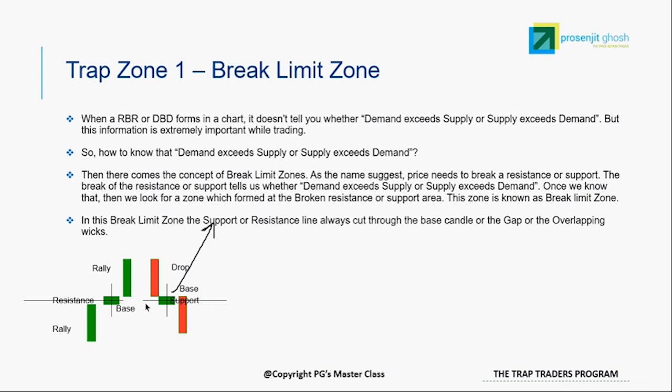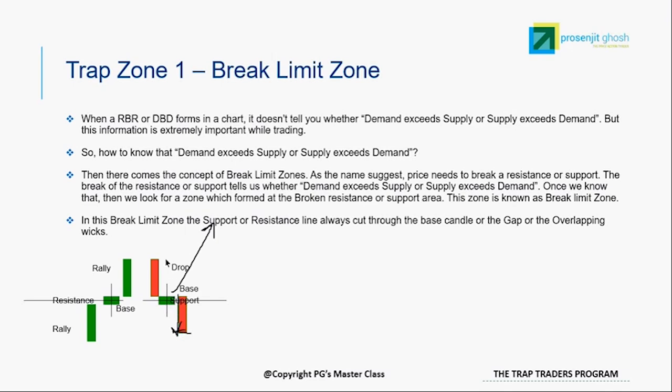The support starts giving its reaction and price starts moving up. But here, in the expectation that price will move up, many retailers jump in to buy, right? And thereafter a lot of sell orders are put here and price actually drops, and they get trapped and make a loss.